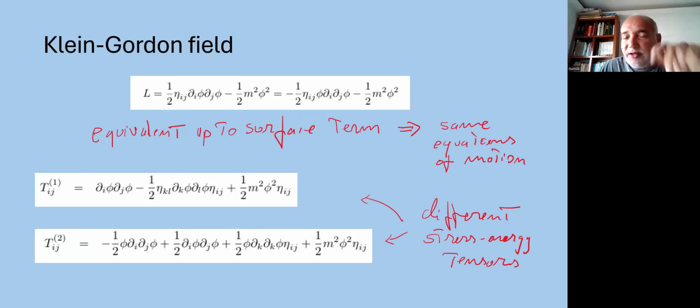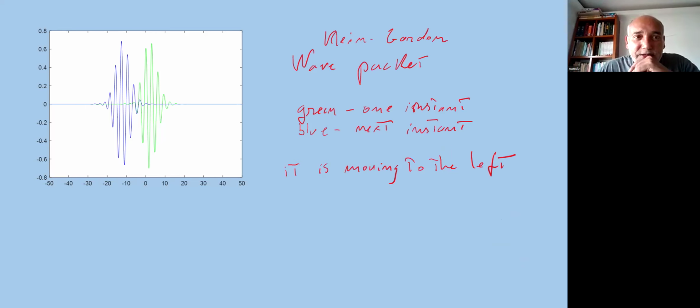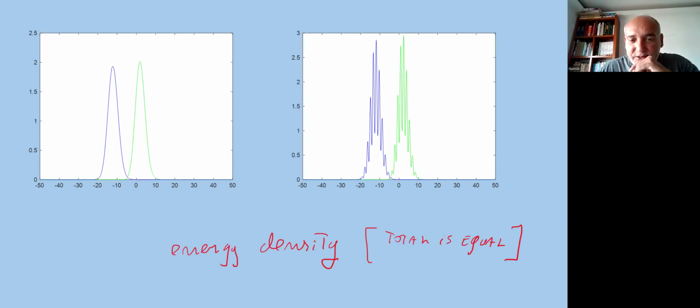But it's very difficult to choose between these two tensors. They are both symmetric, and they both have positive energy. So we don't really have a criterion to exclude one of them. So I computed the energy, and then I got this.